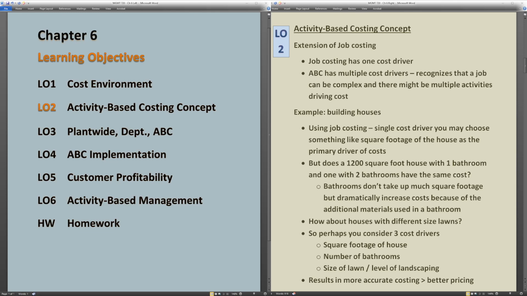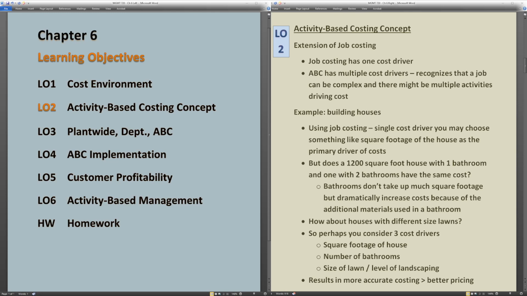And the good example is if you have the same size house, but it has one bathroom and another house has two bathrooms. Now most houses just have one kitchen, but can have different numbers of bathrooms. So if you say two houses have the same square footage, but one has one bathroom, one has two bathrooms, just doing the cost based on square footage is going to come up with the same cost for both houses, when you know that a bathroom is a big cost of building a house.